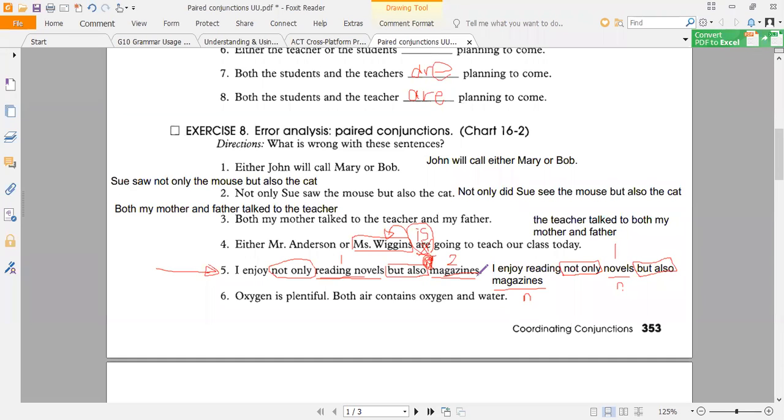Malak, how are you? Go ahead for number 6. We're correcting the errors in these sentences. Okay, Malak. We're talking about the paired conjunctions or correlatives, such as not only but also, either or, neither nor, and whether or.